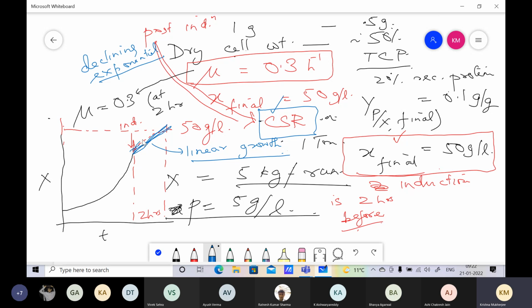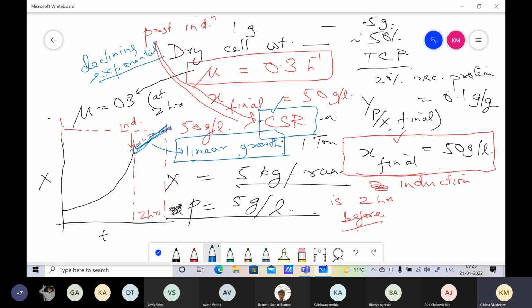But ये ऐसे गिरेगा, a dotted line, but I have approximated it by a straight line. Are all of you following this argument? So I am saying that instead of declining exponential, I approximate my model to a linear growth model at this point of time for 2 hours.